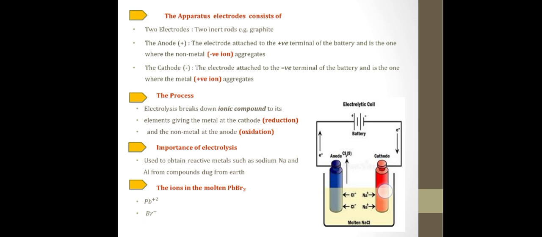Reduction is the gain of electrons, and because the metal is the positive ion, it is the one which gains electrons, and that's why reduction takes place at the cathode. Because the non-metals are the negative ions, they are the ones which lose electrons, and that's why oxidation takes place at the anode. Okay?